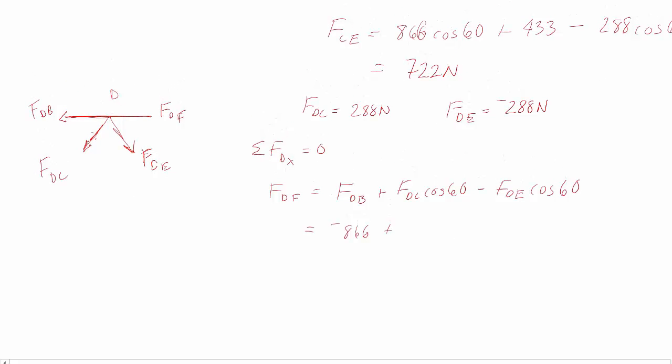FDC was 288. Half of that will be 144, minus FDE, minus negative 144. So that's negative 866 plus 288.